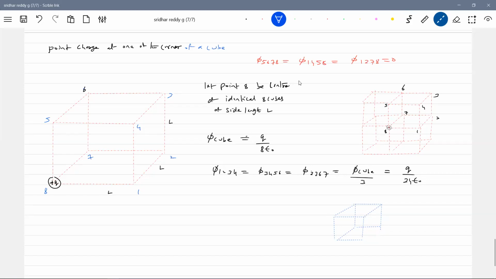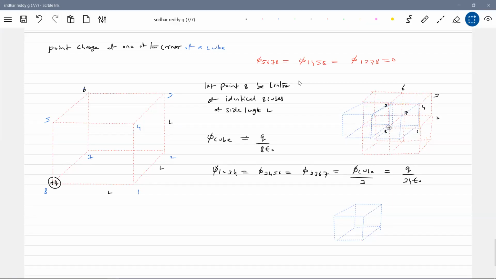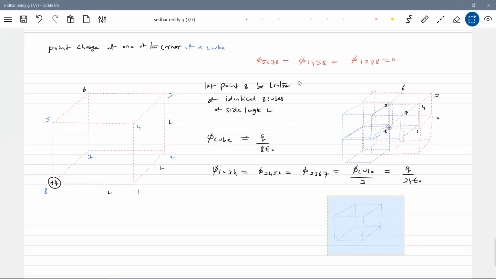Can I do it? I think not possible. Somebody suggested copy and paste. Okay, copy and paste I'm doing. Last one.